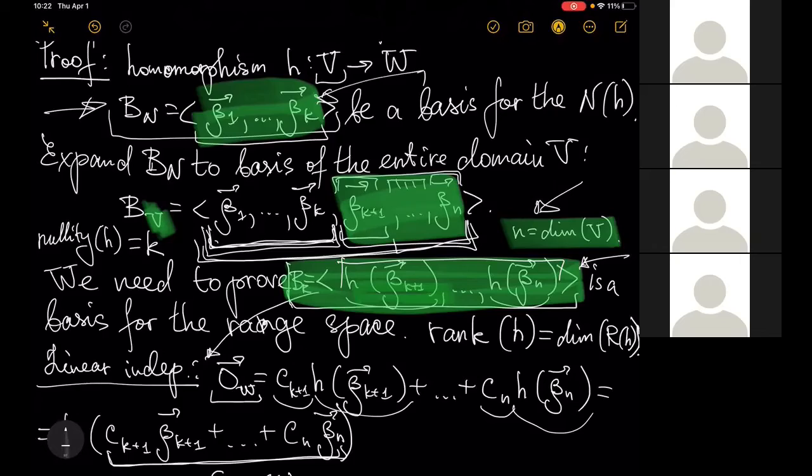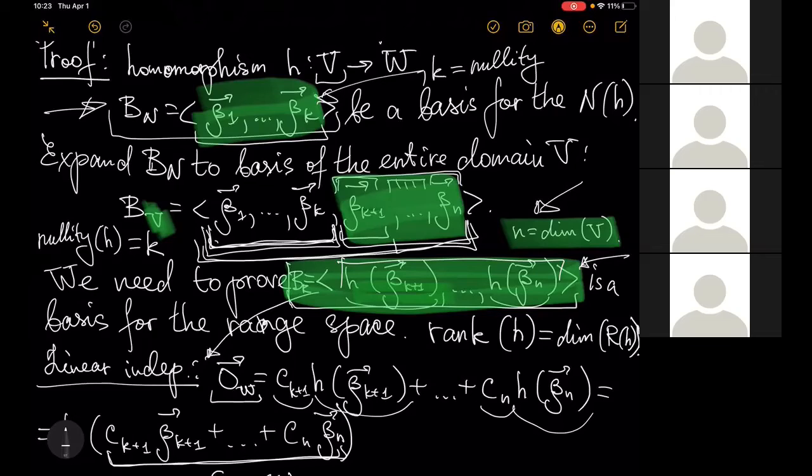What is the nullity? It's just k vectors, k number of vectors. K equals the nullity, right? By definition, what is the rank of the homomorphism? It's the dimension of the range, right?